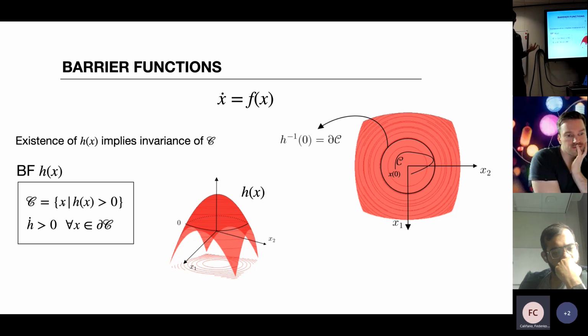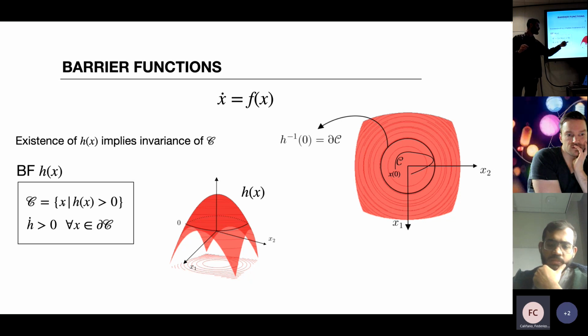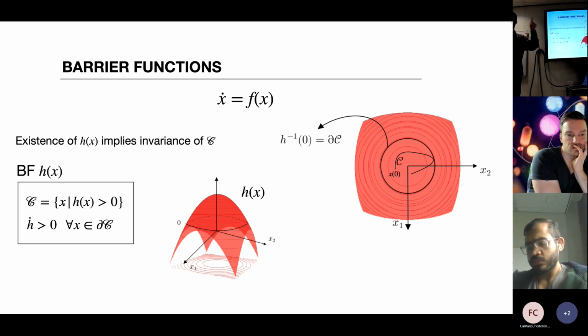In the same way as the Lyapunov function had to be such that V dot is less than 0 to be stable, what does this barrier function have to satisfy in order that the set is really invariant? It has to happen that h dot is greater than 0 for each x at the boundary of the safe set.